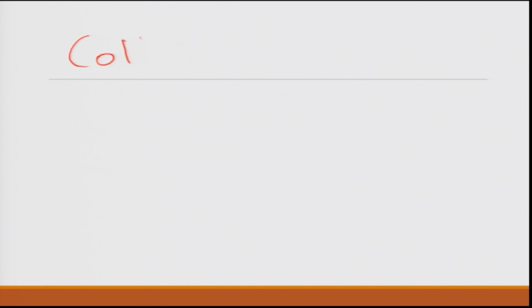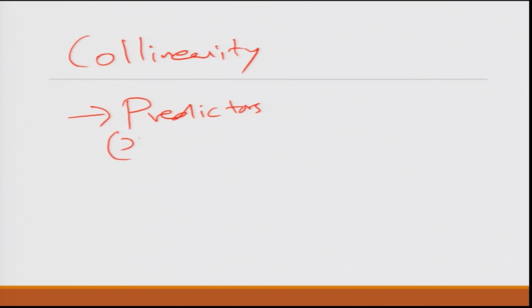One final pitfall that we face is collinearity. Collinearity means your predictors, by which I mean your x1, x2, if these be the predictors, they are related.